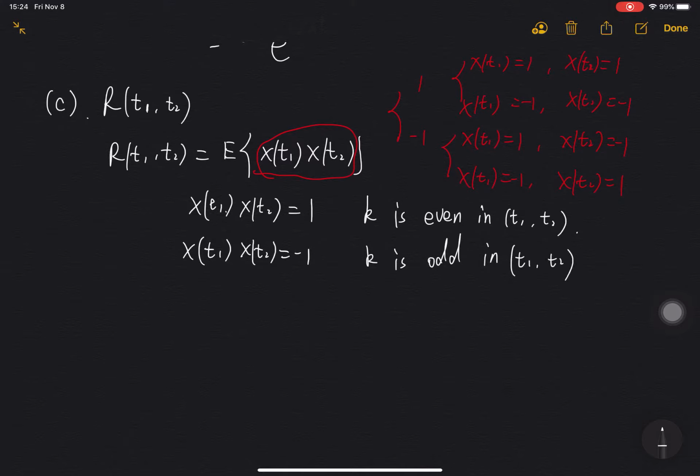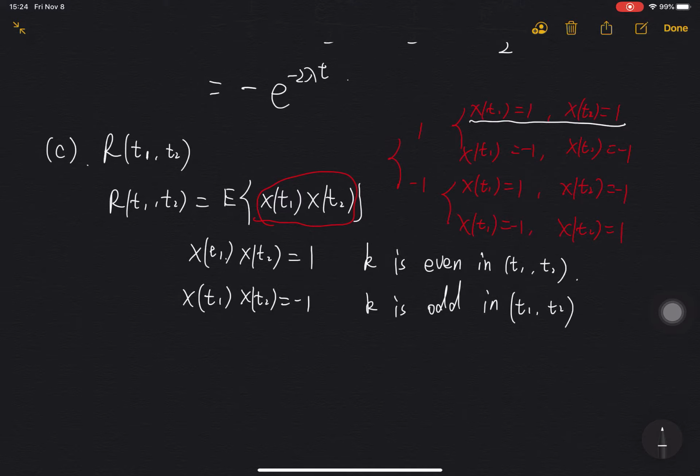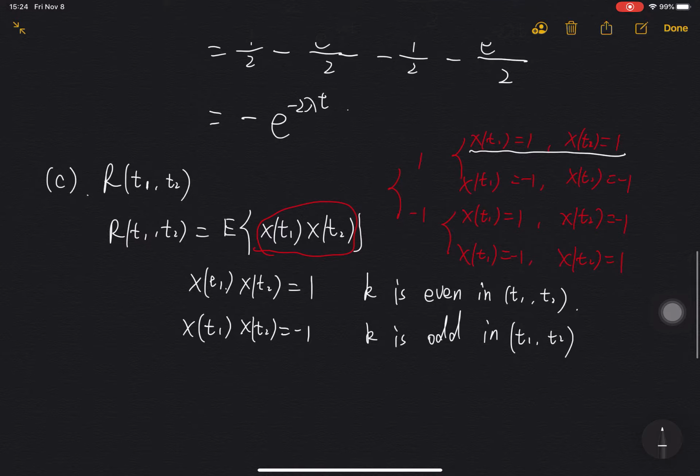This is very obvious, because no matter which situation this is, let's take this for example: if X(t1) is 1, which means N at T1 is odd, and X(t2) is 1, which means N at T2 is odd.